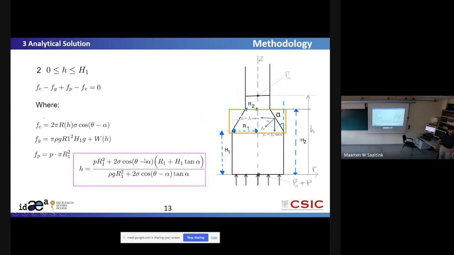Because you're right. So another question: is it necessary to consider the gravity? We have gravity here. Yeah, I think gravity is not responsible for hysteresis.